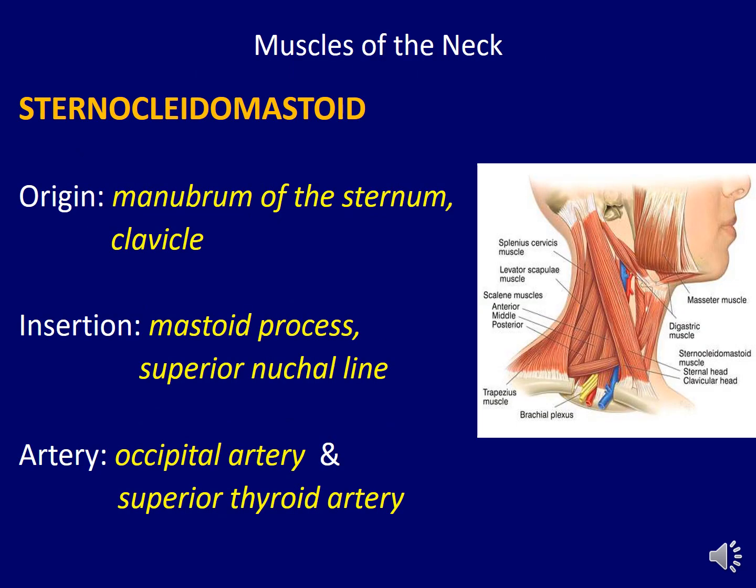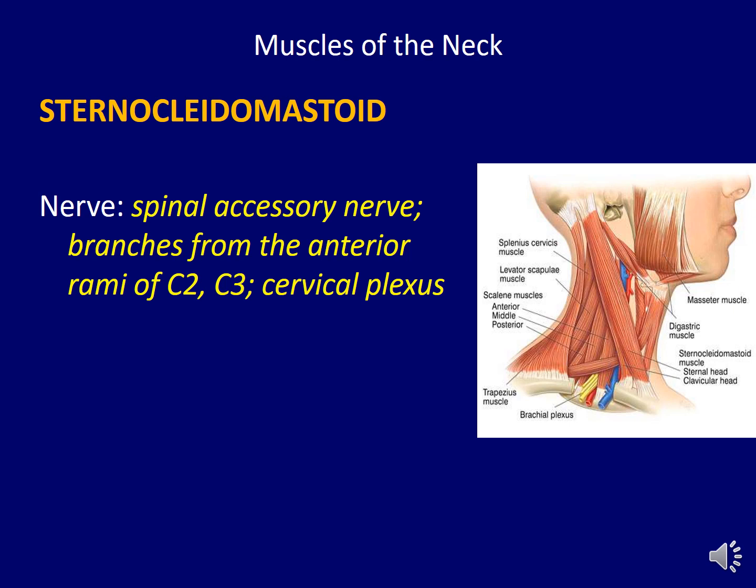The sternocleidomastoid muscle originates in the manubrium of the sternum and clavicle, and it inserts into the mastoid process and the superior nuchal line. It is supplied by the occipital artery and the superior thyroid artery, and innervated by the spinal accessory nerve, branches from the anterior rami of C2 and C3, and cervical plexus.